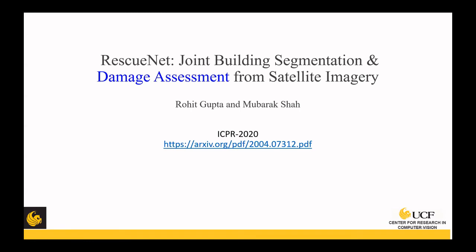So this is also a very nice paper we call RescueNet. We want to assess the damage from satellite imagery. So there's this data set called the xBD data set. This is for humanitarian aid and disaster relief.